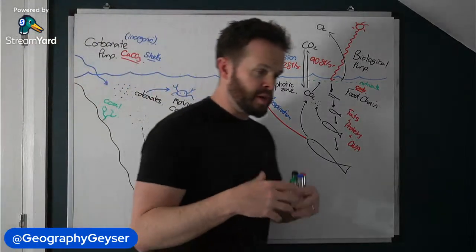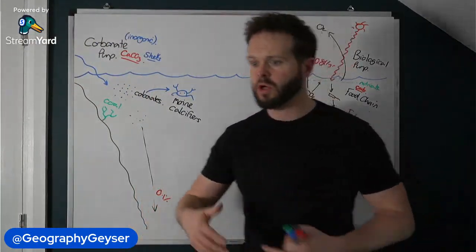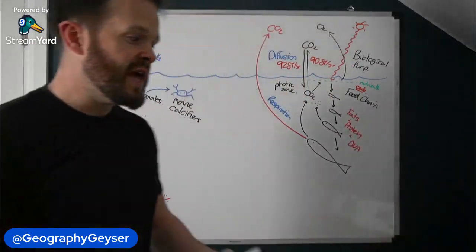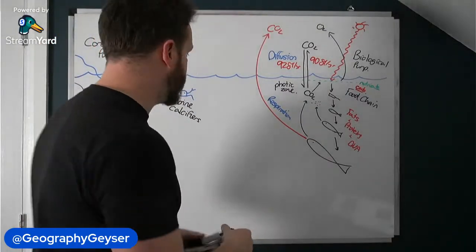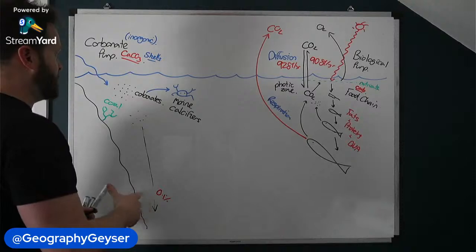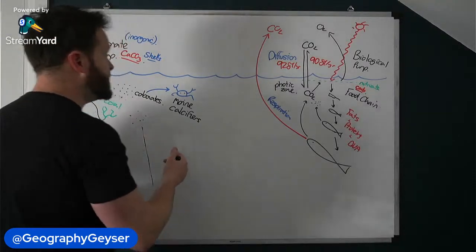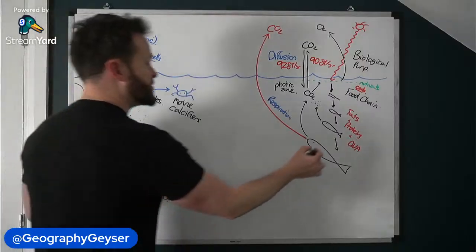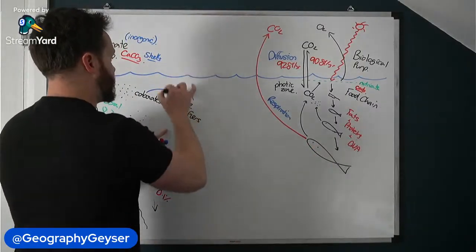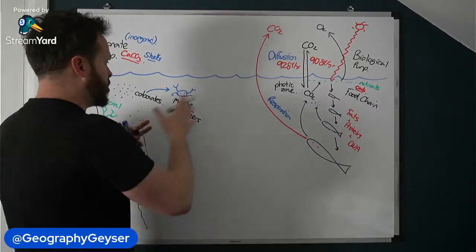So as part of the inorganic pump, coral, crustaceans, mollusks, anything with a tough calcium carbonate exoskeleton is part of that carbonate pump. And once again, there can be movement between both elements here, because something from over here could consume something from over here.